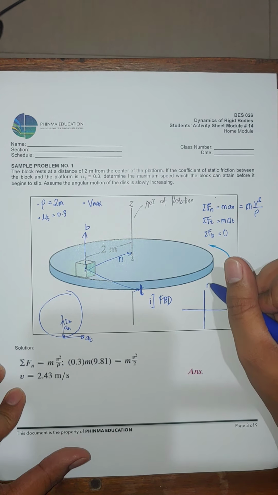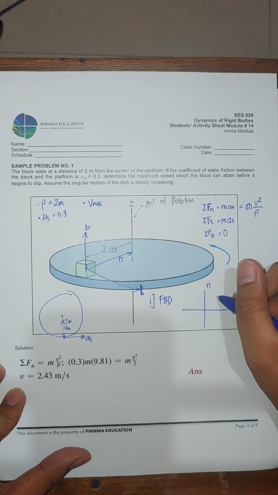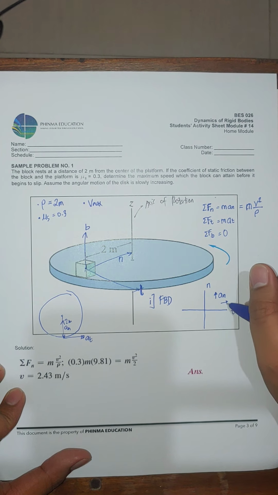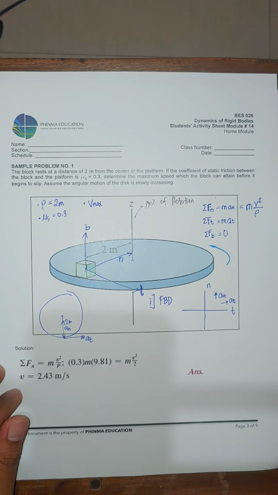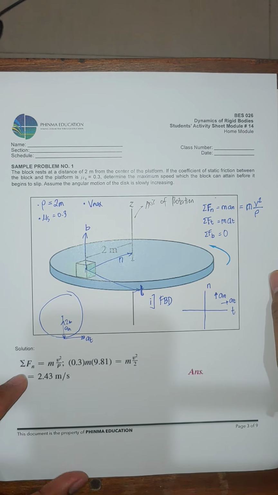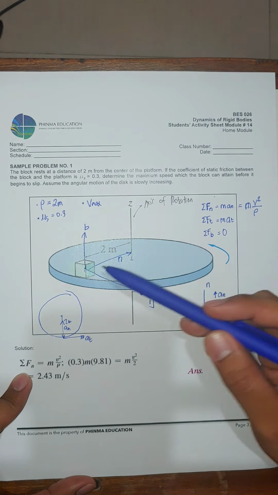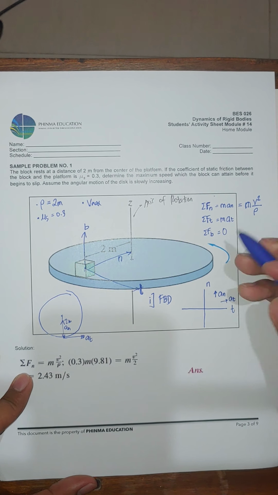So this is the normal axis and then the tangential axis. Acceleration of the normal is always towards the center. Acceleration sa tangential is always outward. So, ang expected na ito nga kani siya nga object is malabay siya outward.